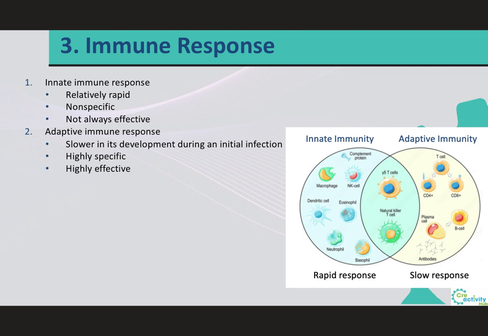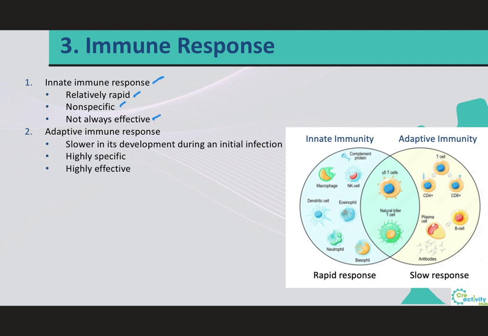The immune system can be divided into two overlapping mechanisms to destroy all these pathogens and toxins that we talked about. The first one is what we call the innate immune response, which is going to be relatively rapid but non-specific, and thus it's not always very effective.